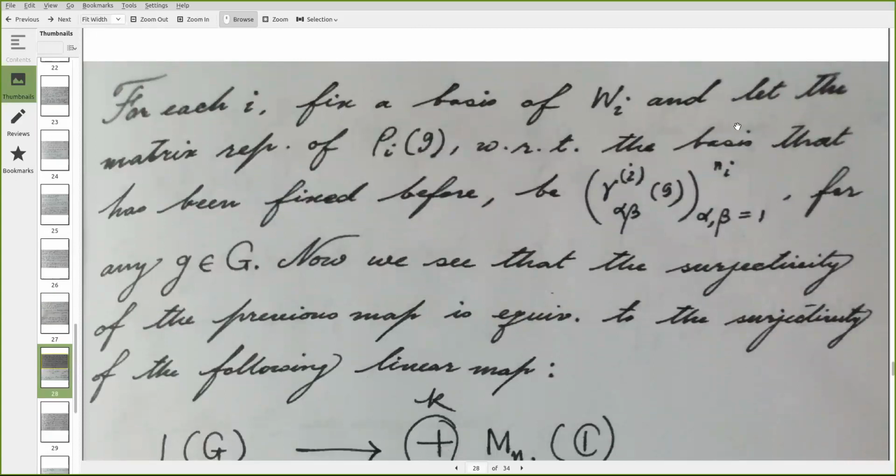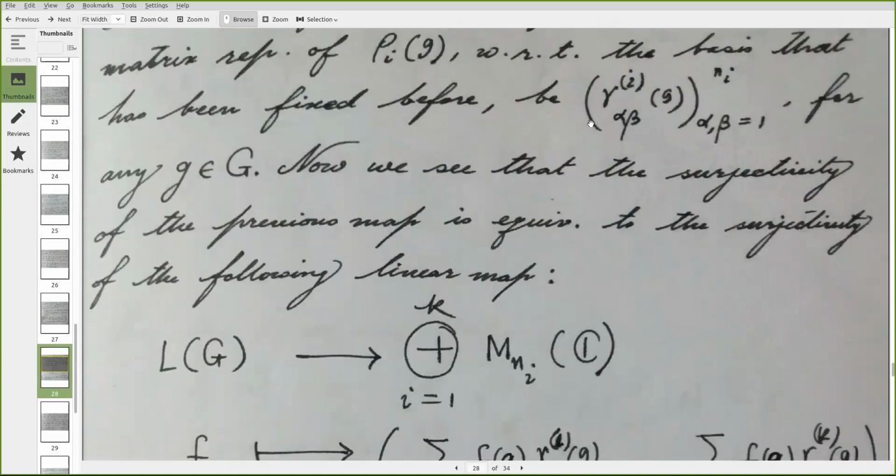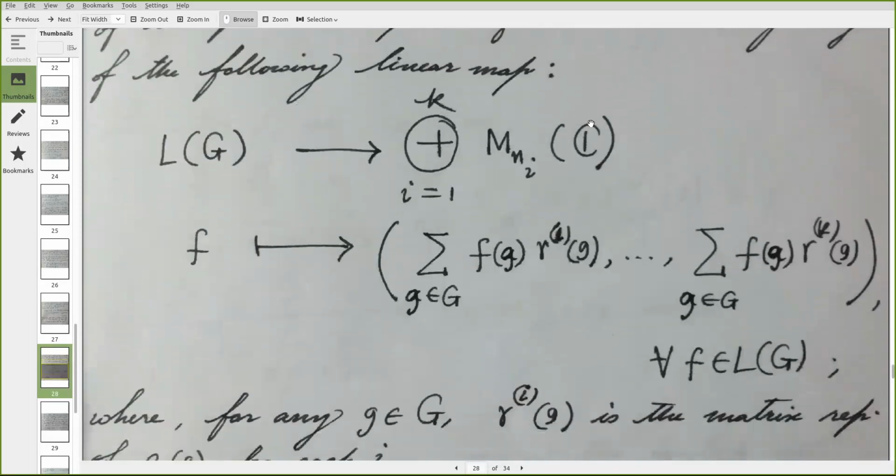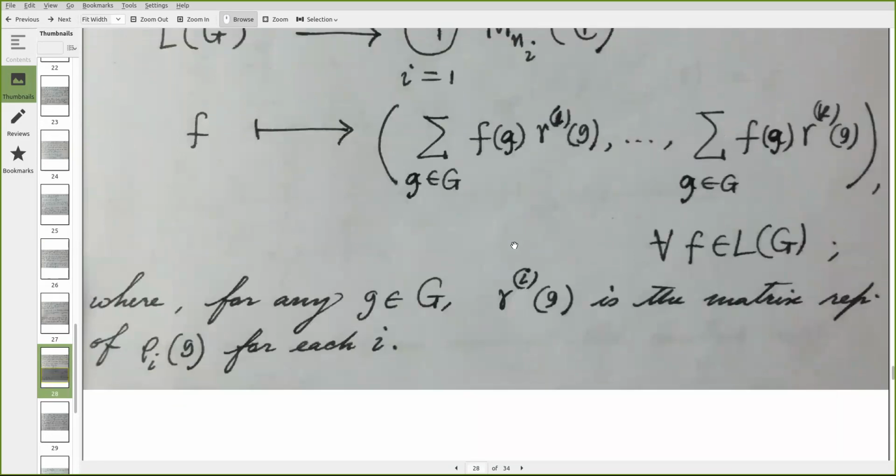For each i, we fix a basis of W_i, and then for each g, we can write down the matrix representation of the linear operator rho_i(g).